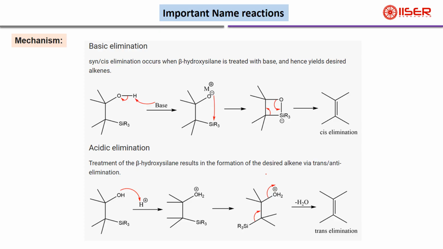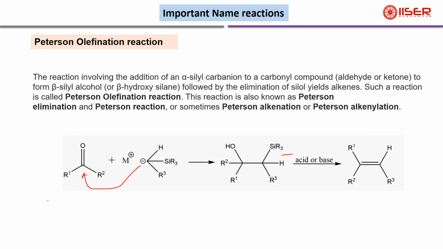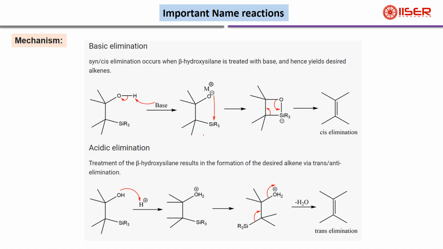If it is base catalyzed, how does the reaction take place? Up to this point you have understood, right? This negative charge will attack here and it will open up and form a negative O. So this carbon-carbon bond forms. Now if you add a base, this OH will be deprotonated and this O minus will attack this silicon. Compare with the Wittig reaction: like the betaine intermediate and oxaphosphetane intermediate, this is kind of a betaine intermediate.